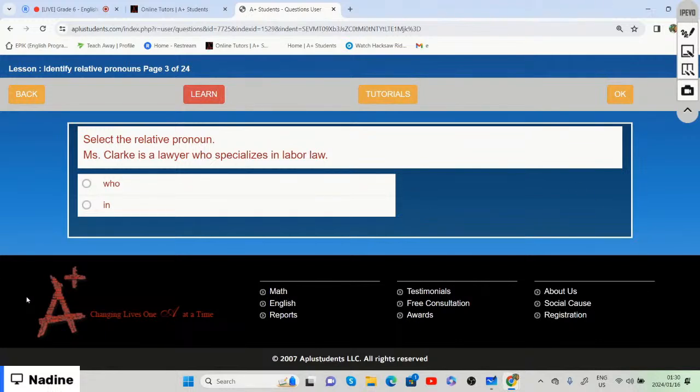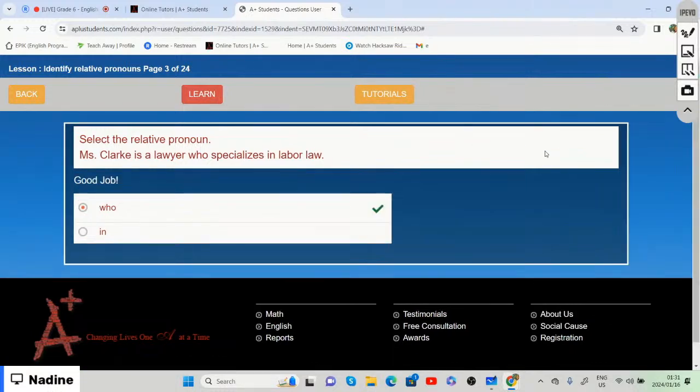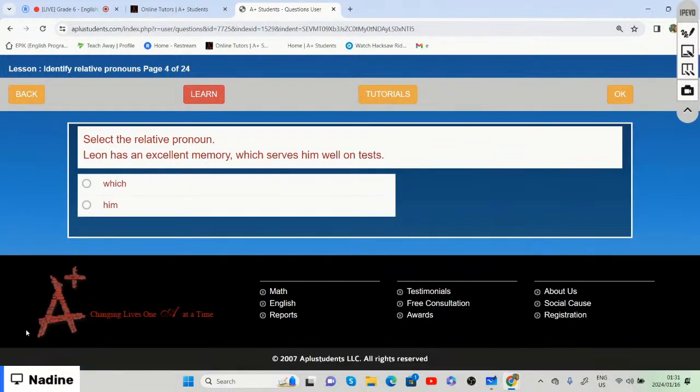So we're going to say, let's go with who. Who is correct? Well done. All right, so it says Leon has an excellent memory, which serves him well on tests.